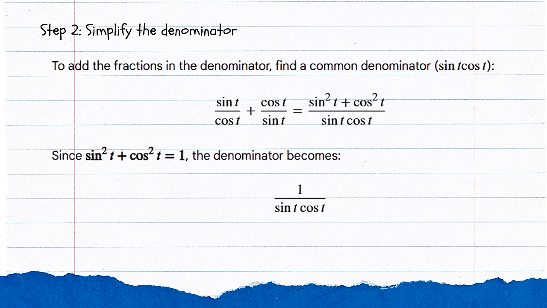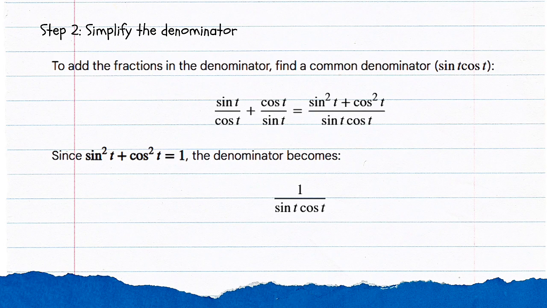Step 2 is to simplify the denominator. To add the fractions in the denominator, find a common denominator. Here, the common denominator is sine t cosine t. So, sine t over cosine t plus cosine t over sine t is equal to sine squared t plus cosine squared t over sine t cosine t.